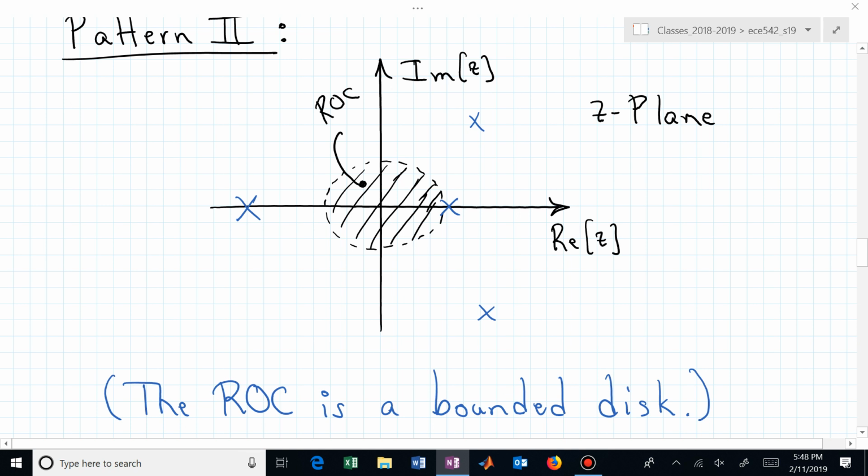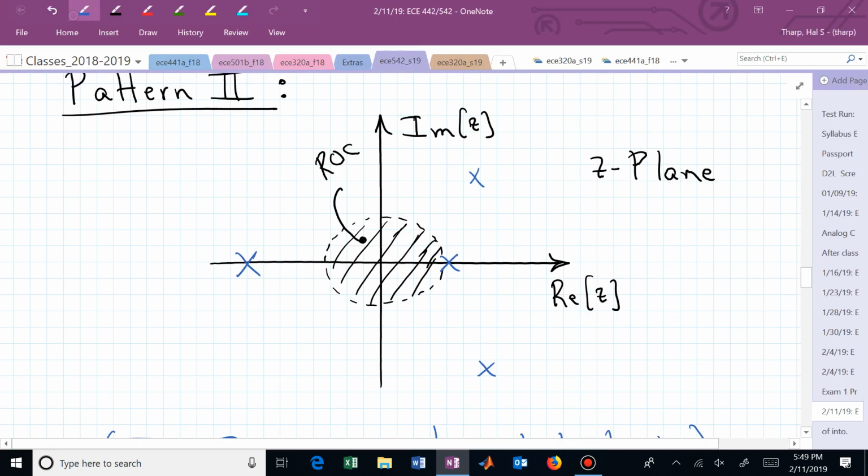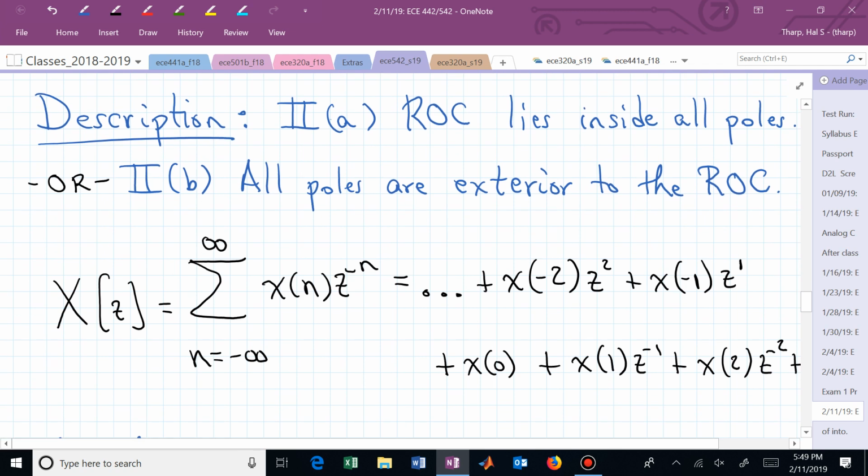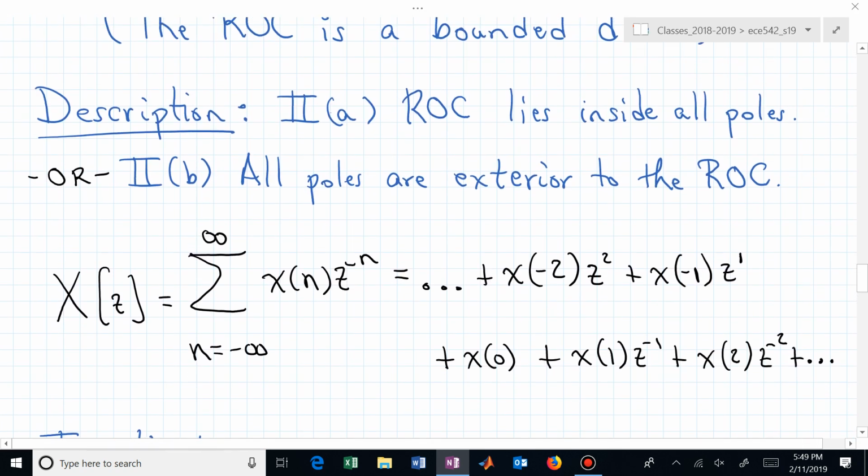Well, let's look at the extreme point in this region of convergence. What's an extreme point here? The origin, 0. If that belongs to this region of convergence, does that tell us anything about some of these terms in this series expansion?